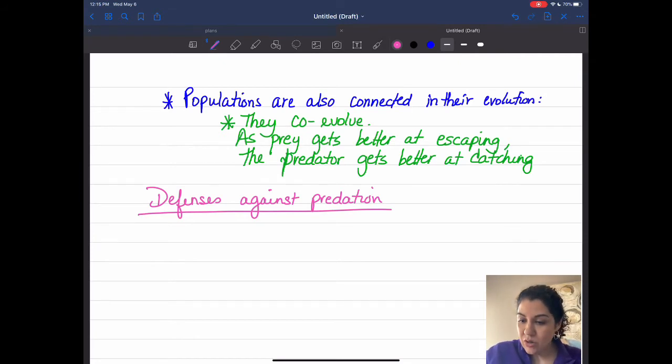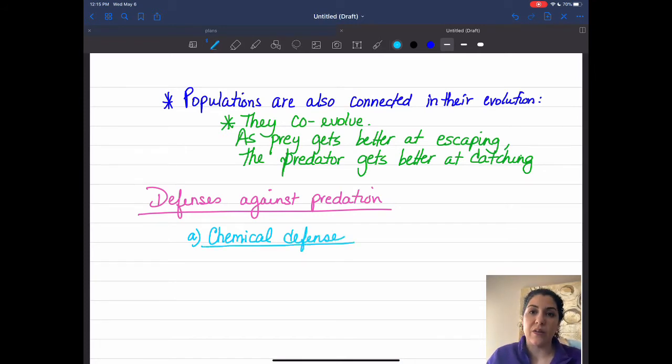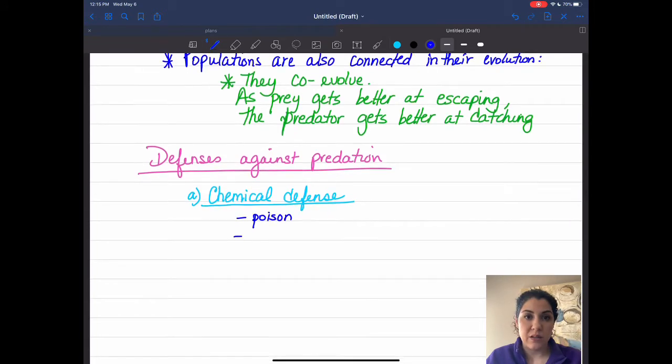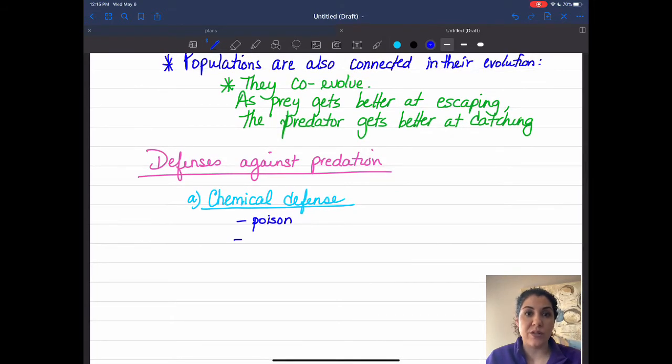And so we can start off with chemical defense. Okay, so different examples of chemical defenses. You can have things like poison. Okay, some snakes have poison for them. Same with bees. There's a reason why they have that. It's for defense. They're not trying to be jerks about it. It's just that's their defense mechanism.